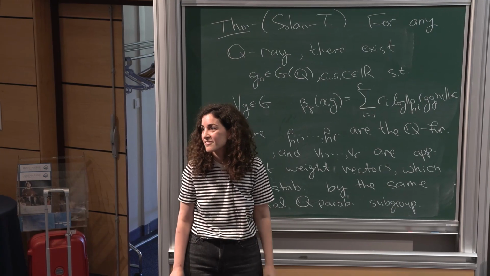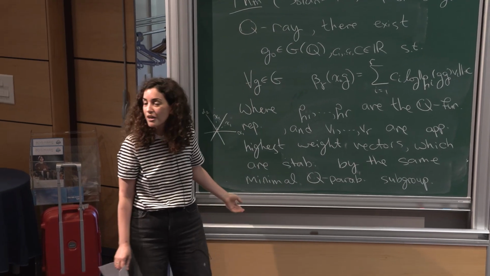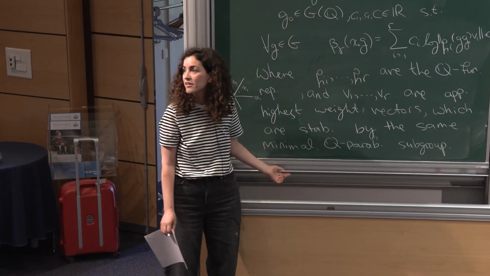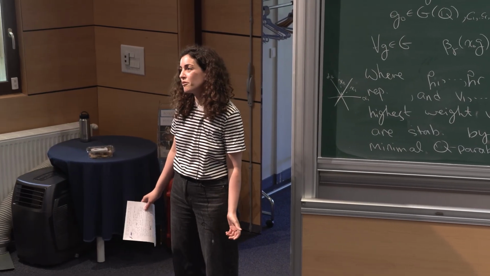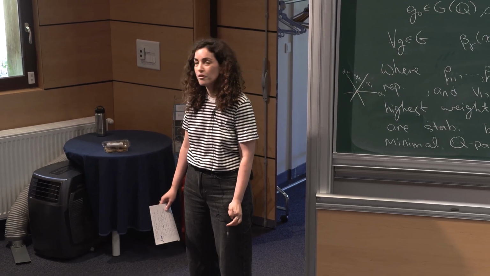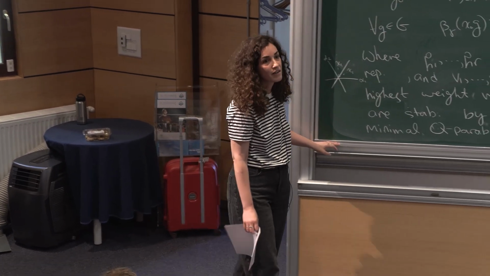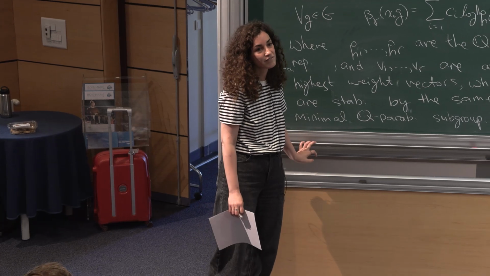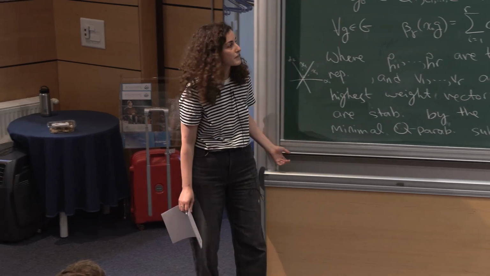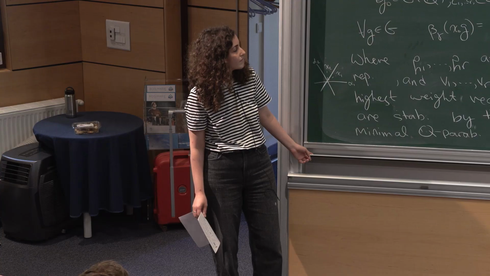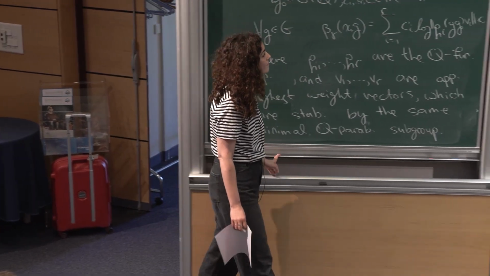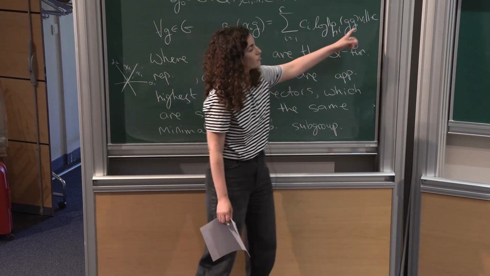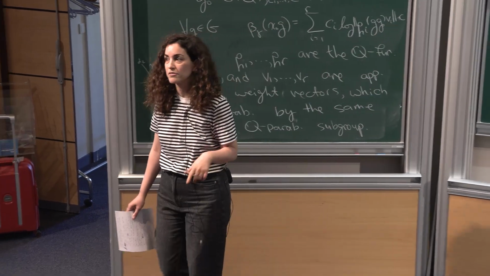I think we use the sup norm. It doesn't depend on the norm because of the additive constant. If you replace V by something else, it would just come out.